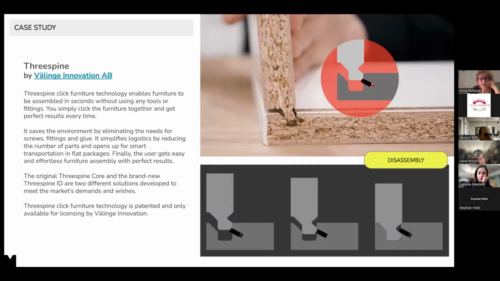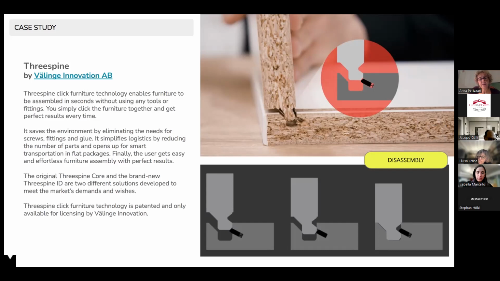Then this is also another example of an interesting approach to furniture, but also flooring construction. It's a glueless way of mounting, of assembling boards to create corners, to create parts.